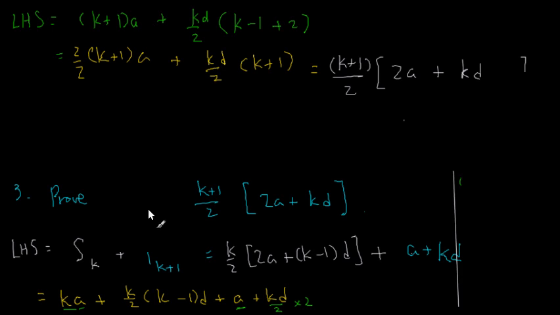Oops, something has happened here. But you can see that this is the left hand side and this is exactly equal to the right hand side. So I've just proven that this statement is true.